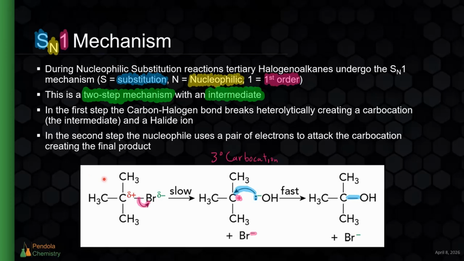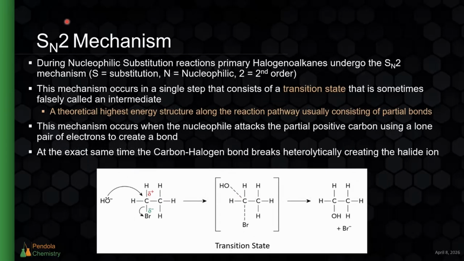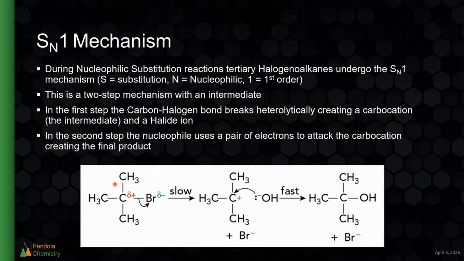Whereas with a primary halogenoalkane, it will happen with an SN2 mechanism in one step. SN2 mechanisms have a transition state, which is a hypothetical representation of the progress, not an actual molecule. Whereas an SN1 mechanism, which is a two-step mechanism, will happen in two steps and form an intermediate.